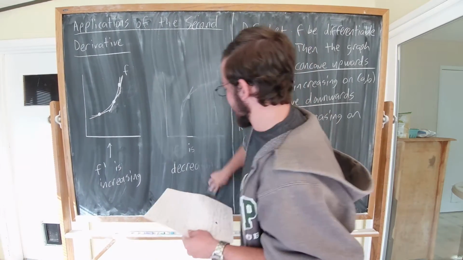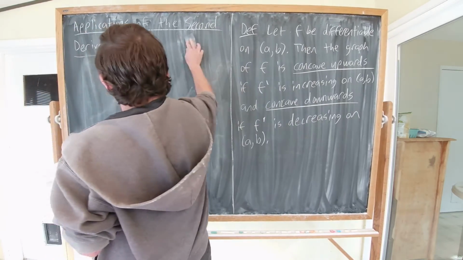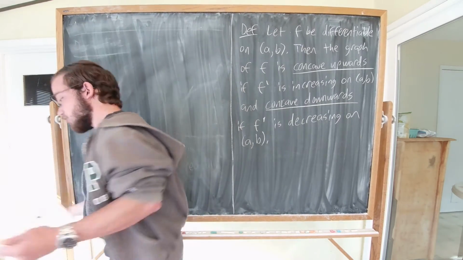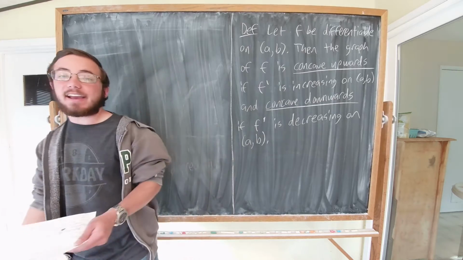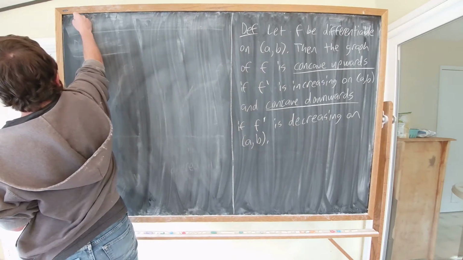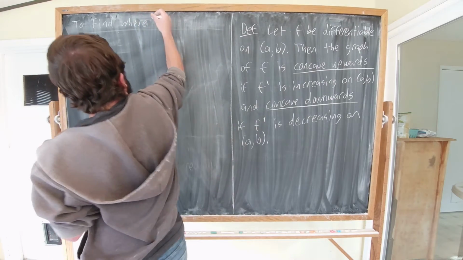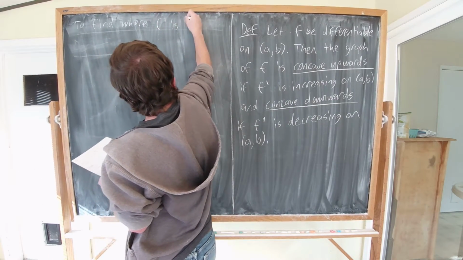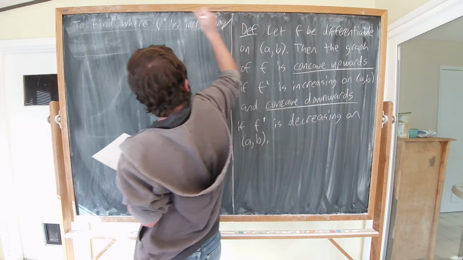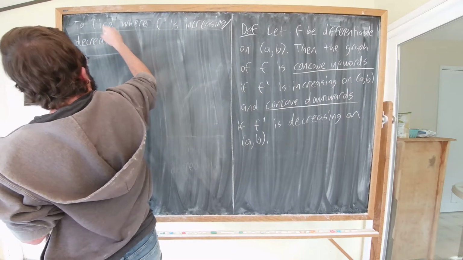Well, if we're talking about whether f prime is increasing or decreasing, then we need to talk about the derivative of f prime in order to find regions where it's increasing or decreasing, assuming the function is twice differentiable. AKA, to find out information about f prime increasing or decreasing, we use f double prime.